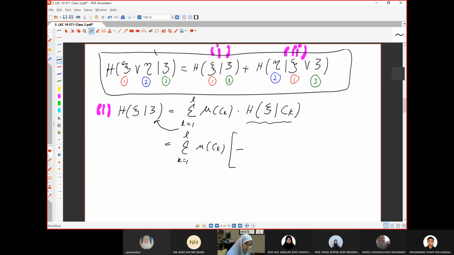According to the definition of the entropy, you have the sum i from 1 until n of mu Ck of Ai, because the elements in psi are A1, A2 until An, multiplied with the log of mu Ck of Ai.